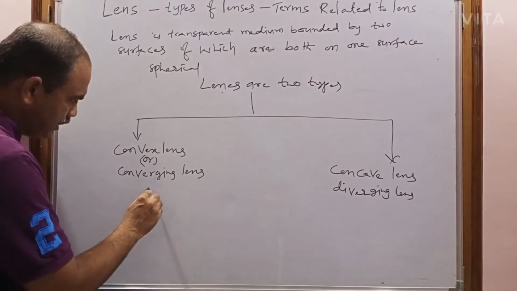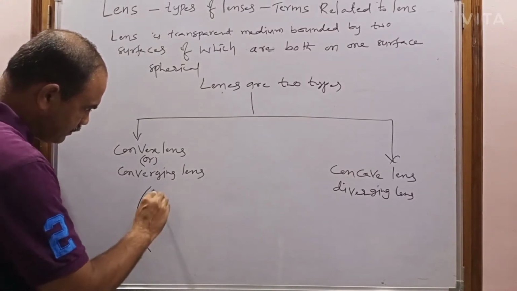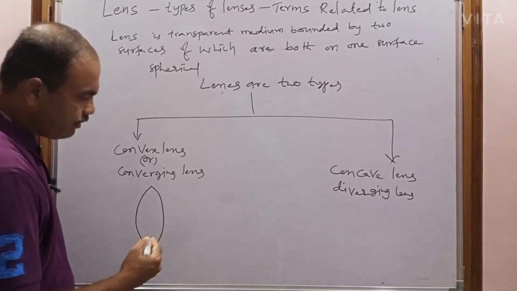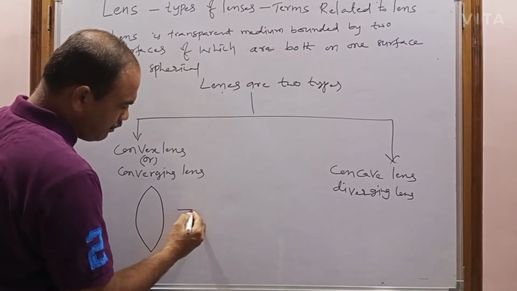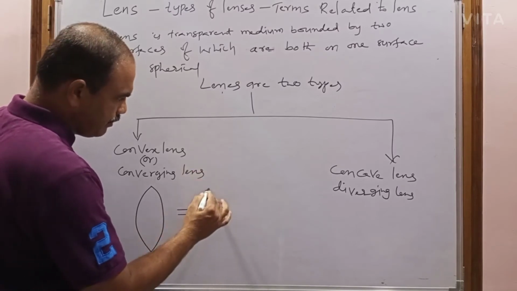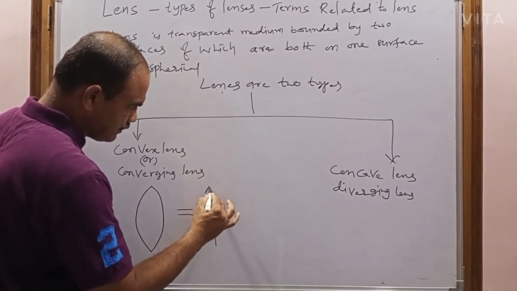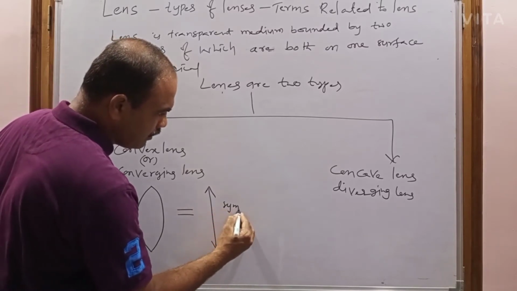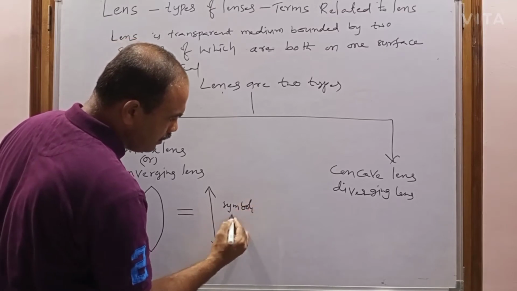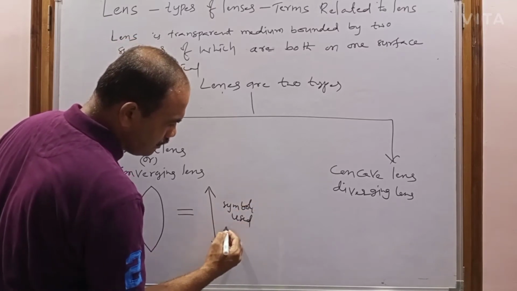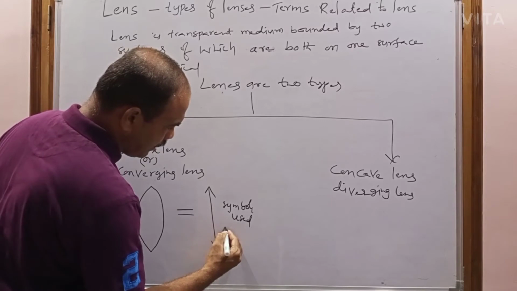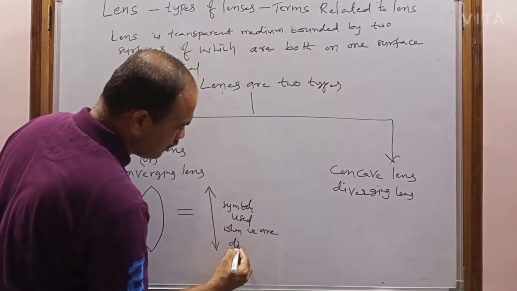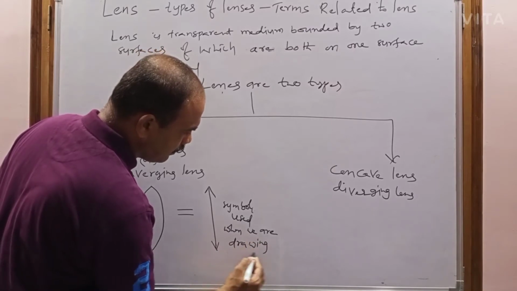Now coming to the convex lens. The convex lens can be represented like this. This is a convex lens. But while drawing ray diagrams, it can be represented like this. This is the symbol used when we are drawing ray diagrams.